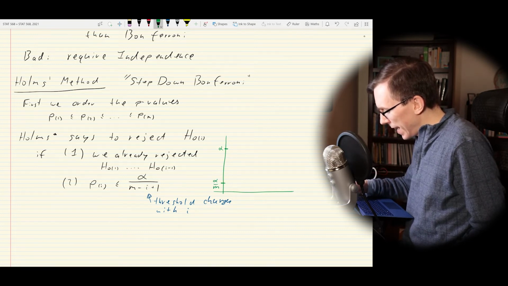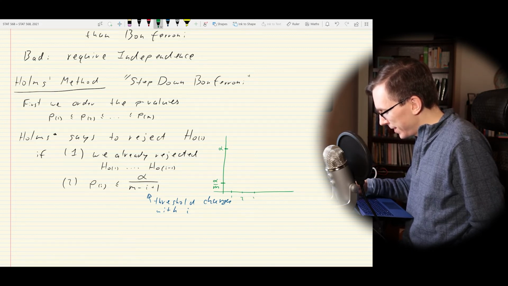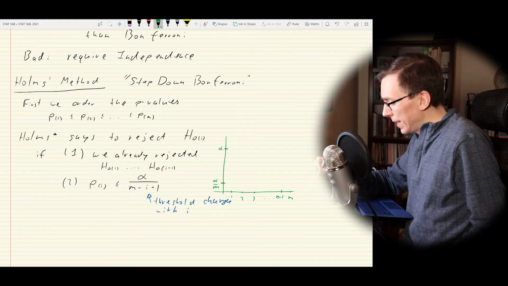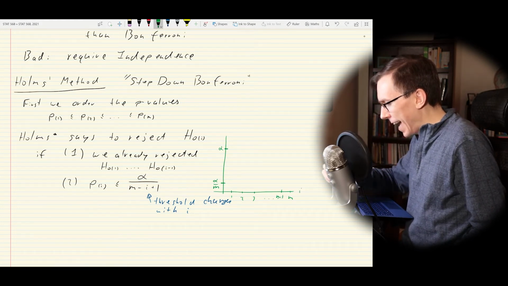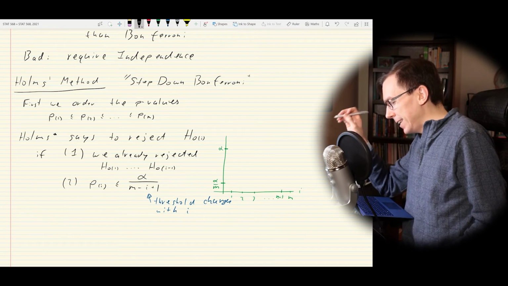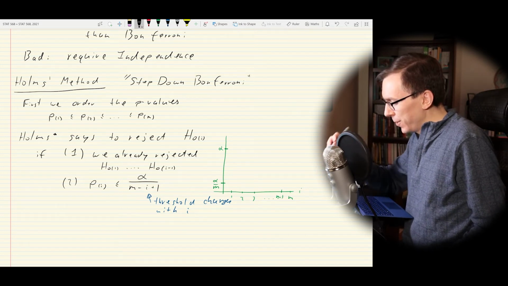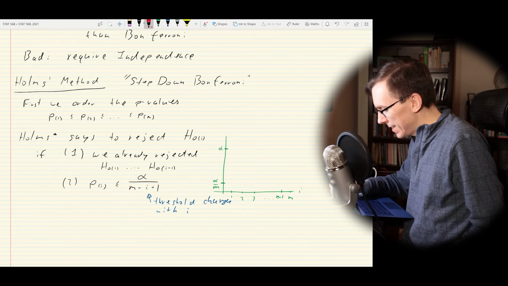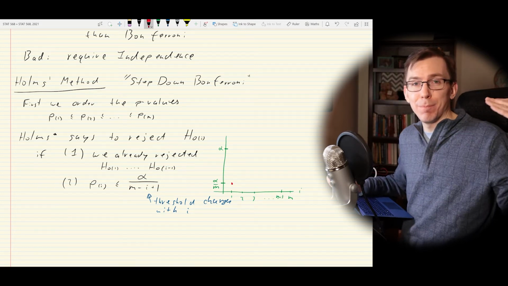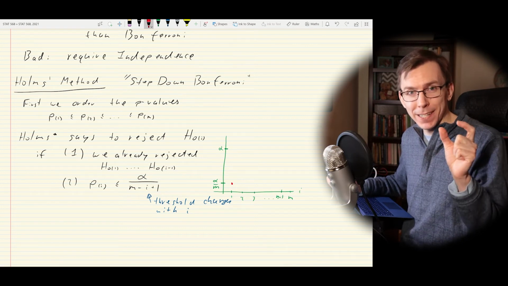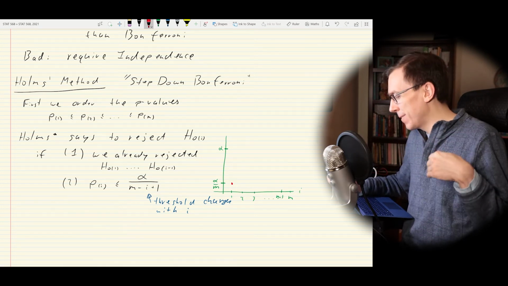And here we have 1, 2, 3, all the way up to m. Maybe we'll do an m minus 1 here, because it'll explain what's going on. And this is the i-axis. We would reject the first hypothesis if it's less than alpha divided by m, which is just applying Bonferroni to the smallest p-value in your set.